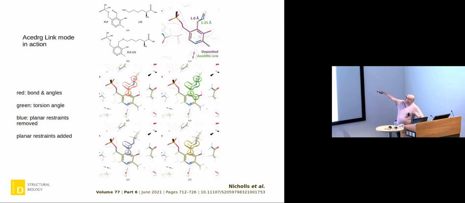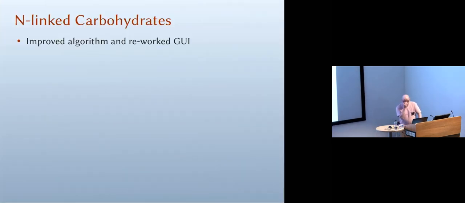As I said, the new torsions are in green, and there are plane restraints that have been removed, and there's a plane restraint that's been added. Now, this figure was made in Coot, and this is using the programmable shaders that I'll mention in a minute. They're under user control, and I used user control to get that kind of blobby effect with transparency.